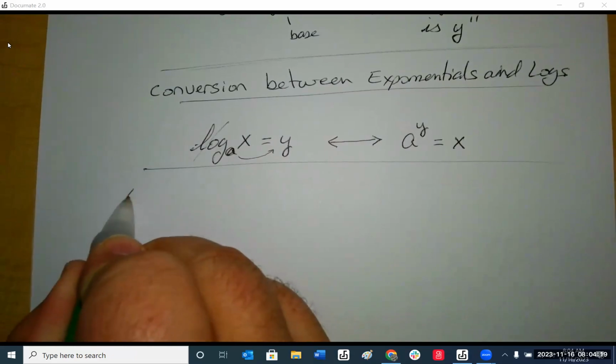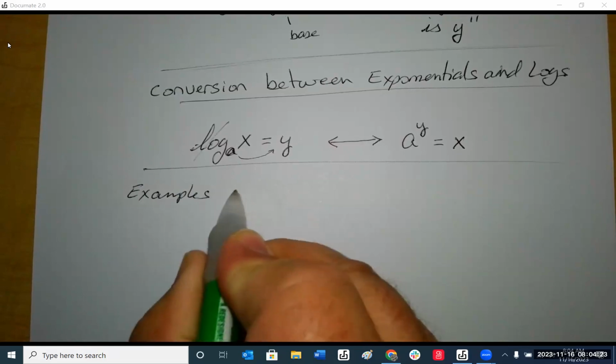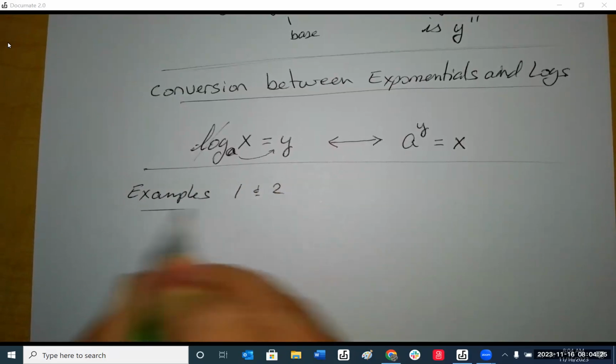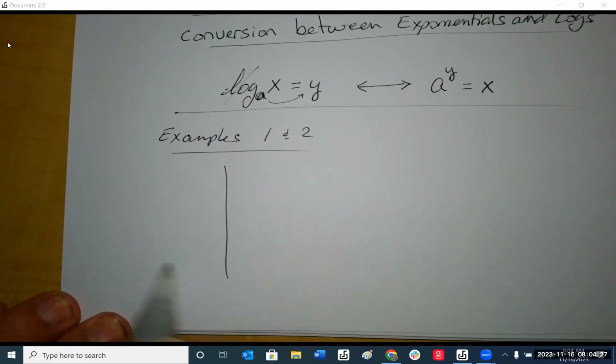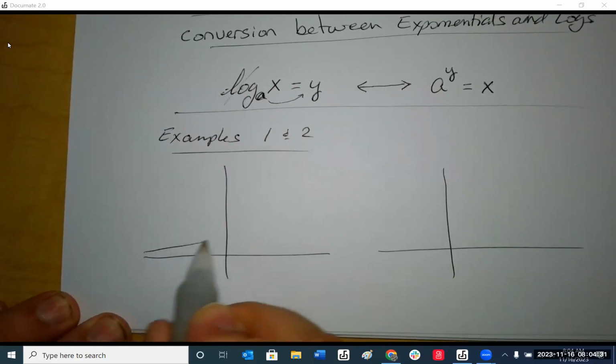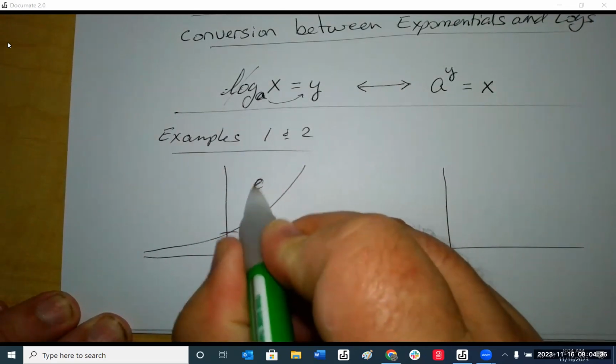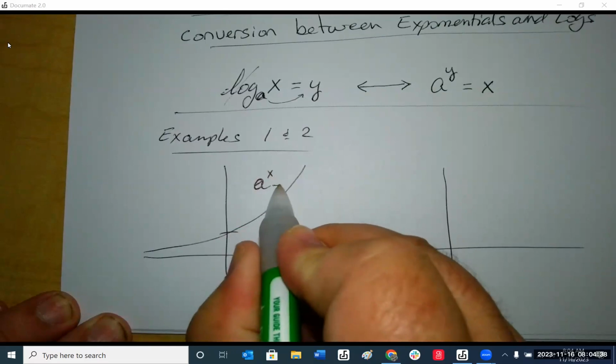So let's look at the graphs again of those. Examples 1 and 2 are the graphs again. This is a to the power x.